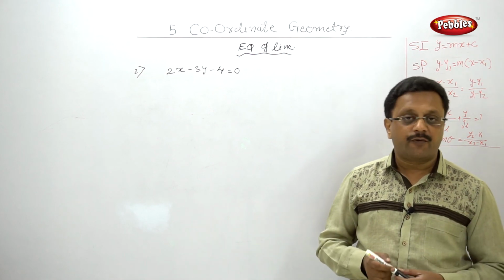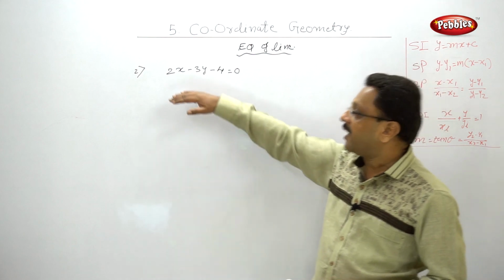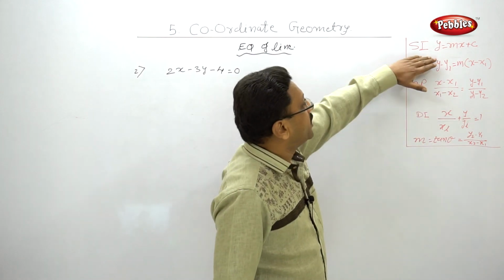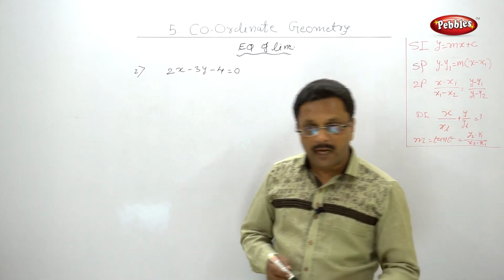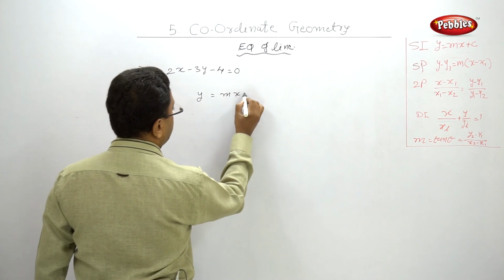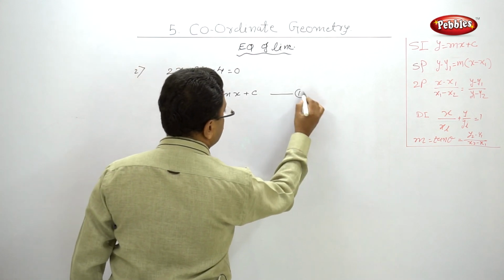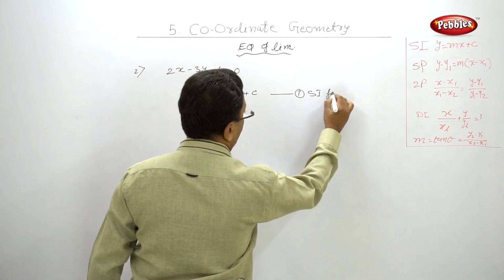If they are asking to find out the slope and y-intercept, first you have to write this equation in slope intercept form, that is y is equal to mx plus c. You have to write that slope intercept form is y is equal to mx plus c.